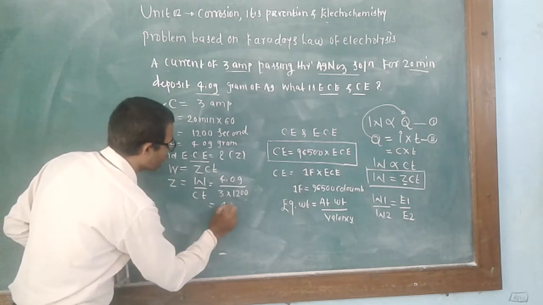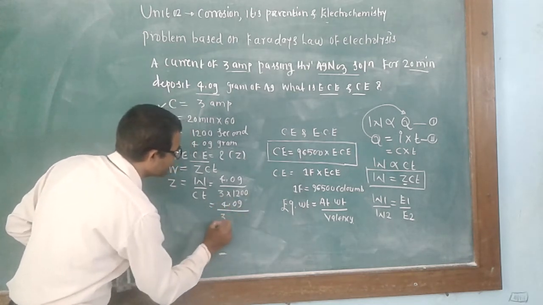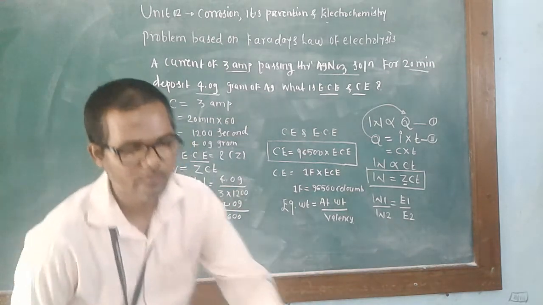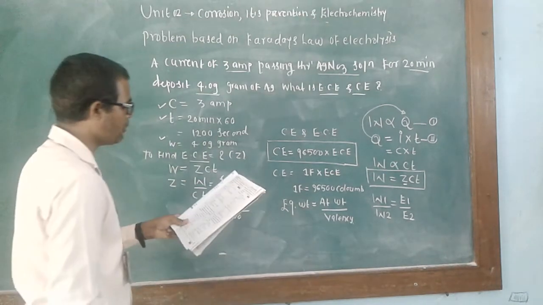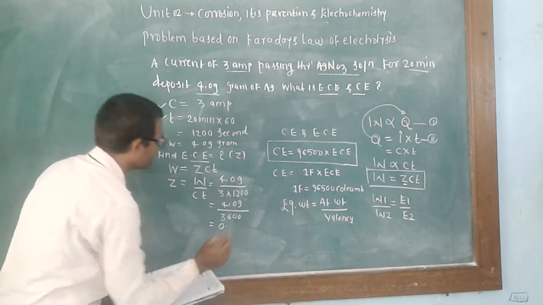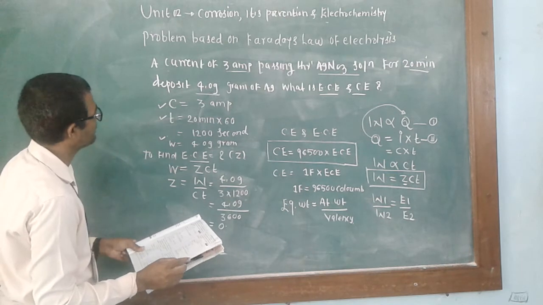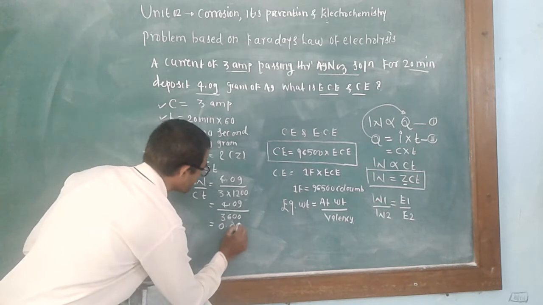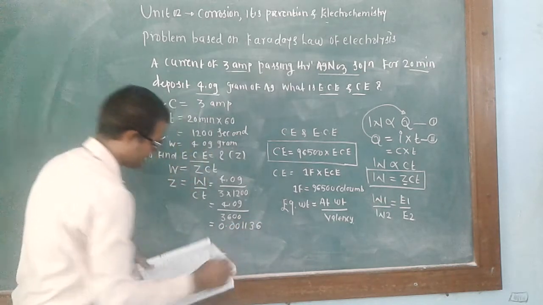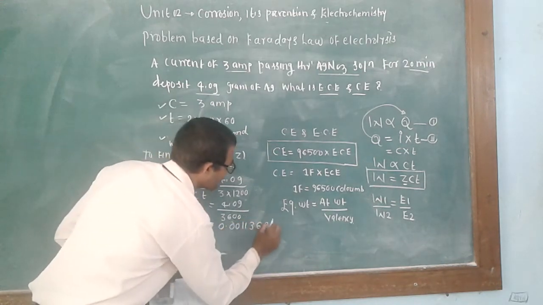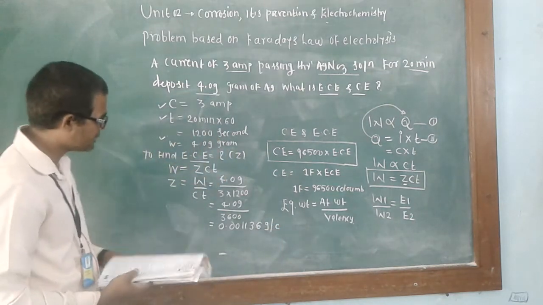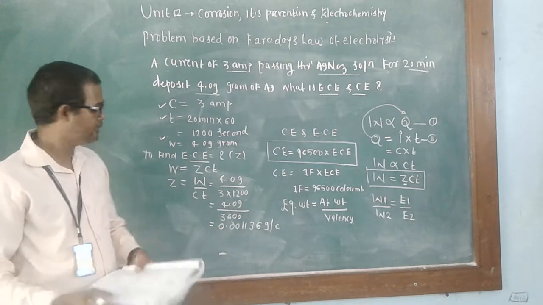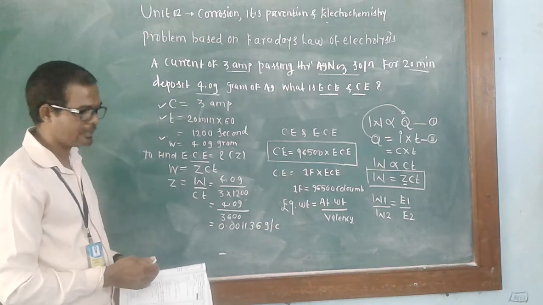So you will get 4.09 divided by 3600. You will get the value 0.001136 gram per coulomb. So that is the unit of your electrochemical equivalent, that is gram per coulomb.